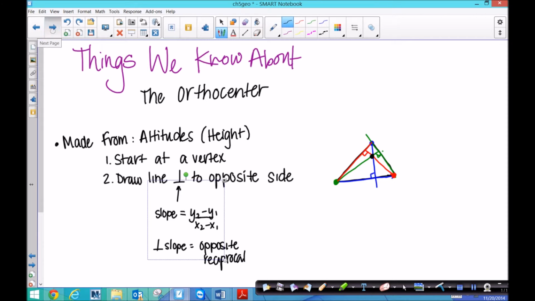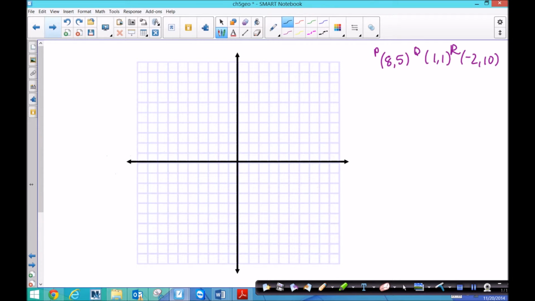So let's say that you're given 3 points. The way that we find the orthocenter is going to be typically on a graph. Point P is 8, 5, point Q is 1, 1, and point R is negative 2, 10. So we plot each of those points. Negative 2, 10 is way up here.